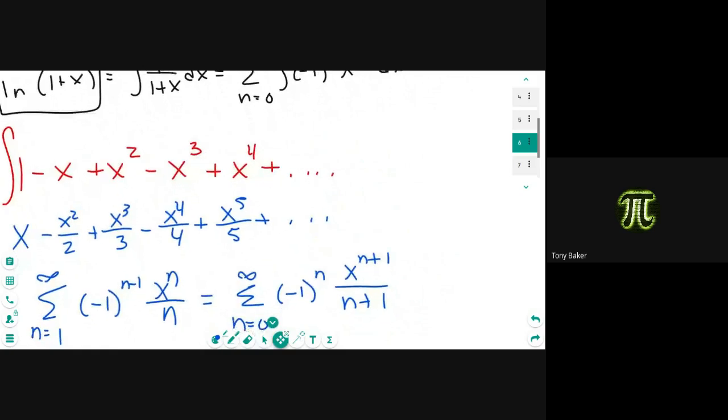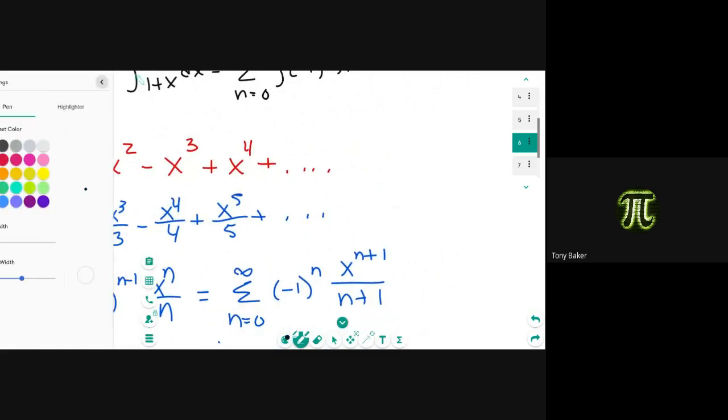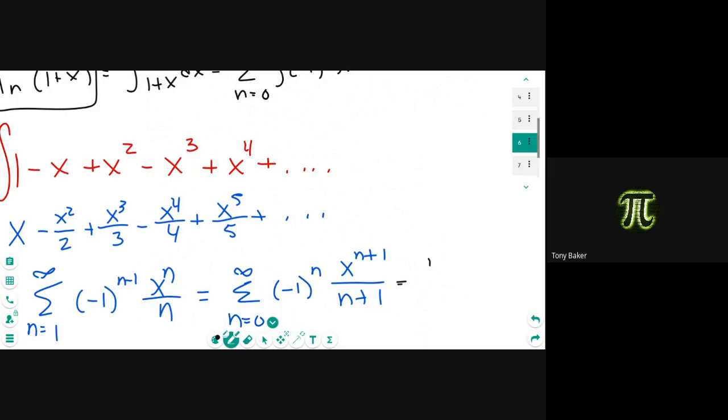So what we originally were trying to find out was the integral of the sum from n equals 0 to infinity of negative 1 to the n, x to the n.